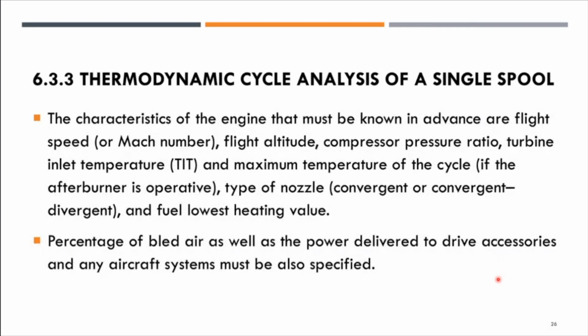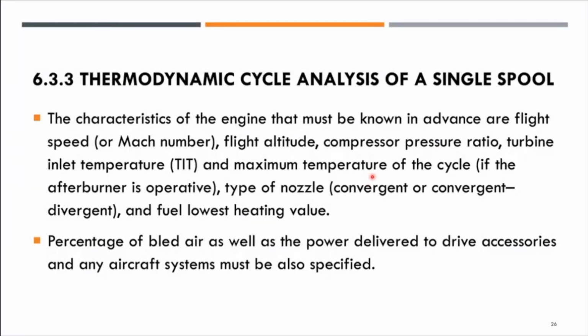With regard to the characteristics of the engine that must be known in advance, these include the flight speed, the speed of the aircraft, or the Mach number. We also need to know the altitude, the height at which the aircraft is flying, the compressor pressure ratio, the turbine inlet temperature TIT, and the maximum temperature of the cycle.